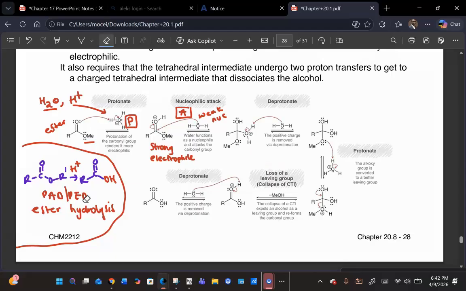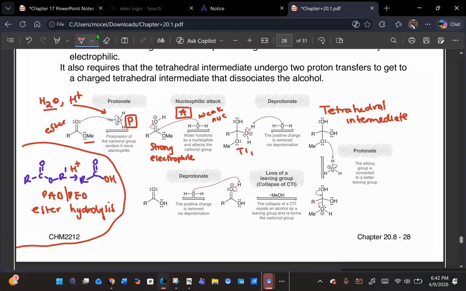This one is my tetrahedral intermediate, the neutral one. But I've seen people calling this TI1, TI2. I usually go for the neutral ones. So you see, once you get these species, then you can deprotonate. Then you can say you are halfway there.